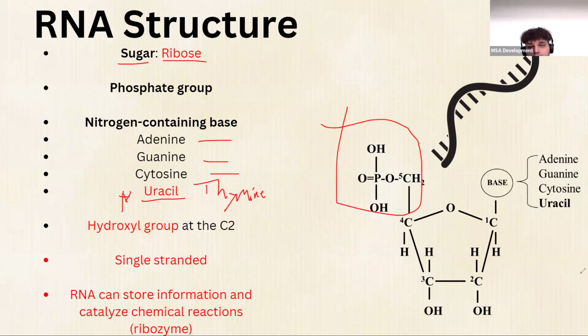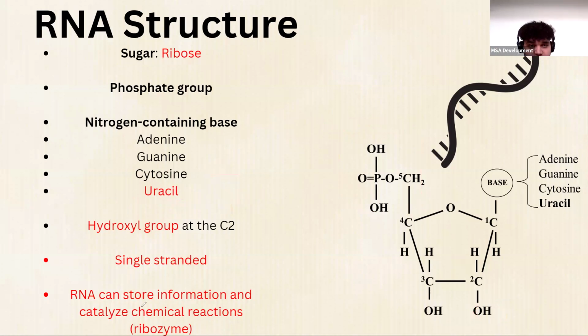After that, we have a hydroxyl group at carbon number 2. In DNA, we only had a hydrogen. It's single-stranded, DNA is double-stranded, and RNA can store information and catalyze chemical reactions. What does that mean? We'll be talking more about it later on, but remember that the RNA can function as DNA, which is storing information, and it can function as a protein, which is catalyzing chemical reactions. Okay? Remember the difference. This is also a difference between RNA and DNA.